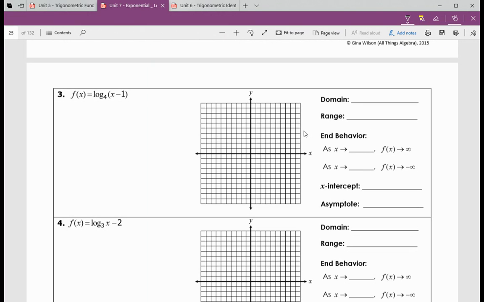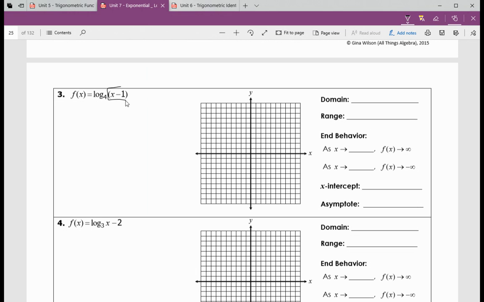All right. Now, my domain is about to change. And if your domain changes, that means your asymptote is going to change. Notice that number 3 has a group, has a parentheses, but number 4 does not. Do you agree that I have a number up here, but it's within the group, and this one is not? There's two totally different scenarios going on.